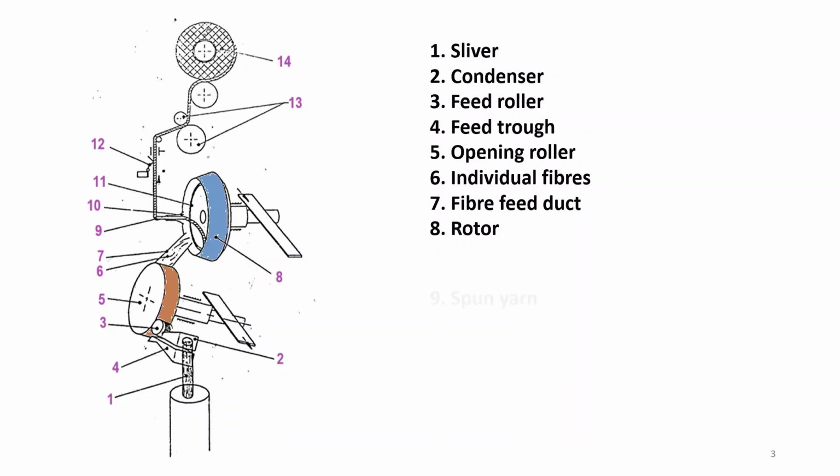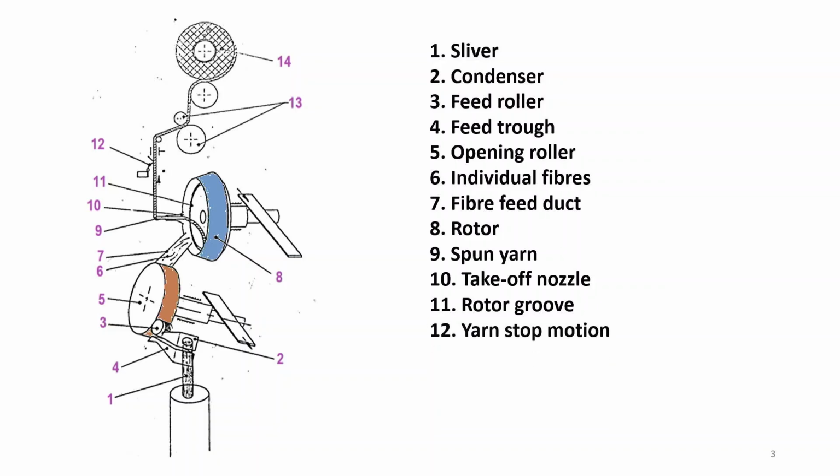Then it goes to the rotor. From the rotor, the spun yarn is pulled through the take-off nozzle, which is called the navel or draw-off nozzle, and fibers are deposited on the rotor groove. There is also a yarn stop motion in case of any breakage.